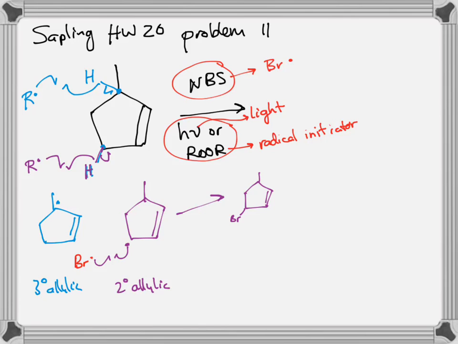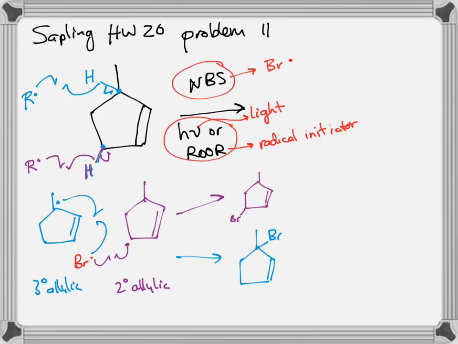We could also have our bromine radical come in with our tertiary allylic, and we end up with this final product, our bromine here.